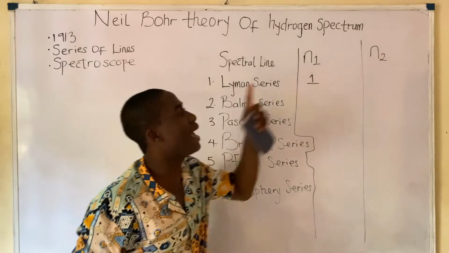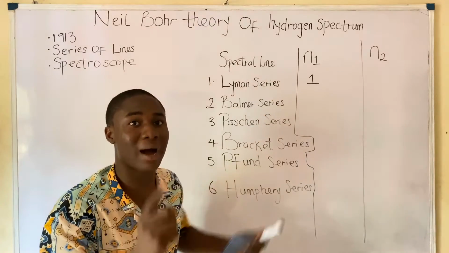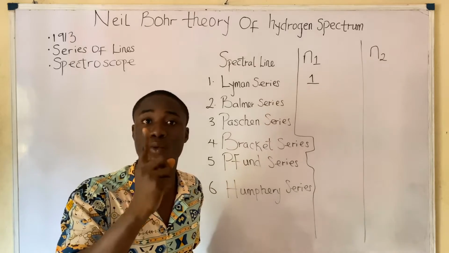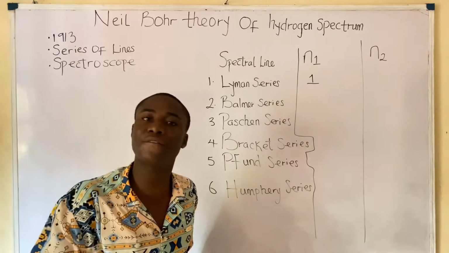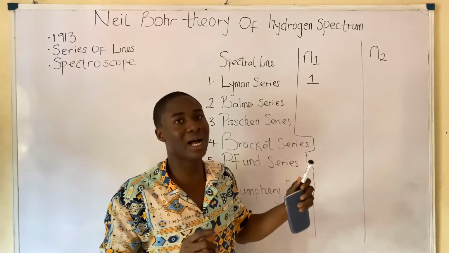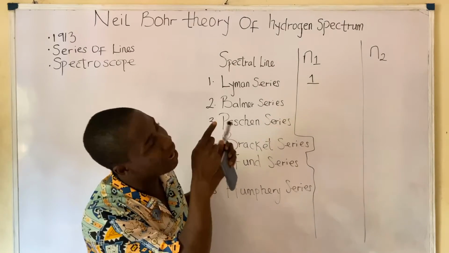The way we get our N2 value is by moving towards the next number after your N1. We've gotten N1 for Lyman to be 1, so after 1, what's the next number? 2. For the N2 value, we have 3 sets of numbers to write, because we're going to talk better on N2.